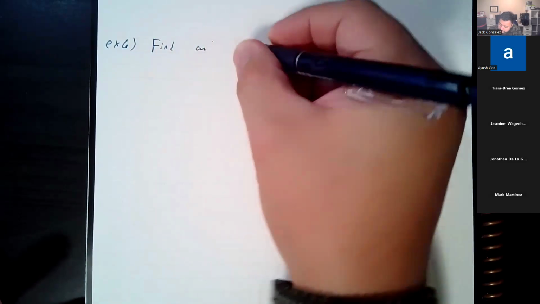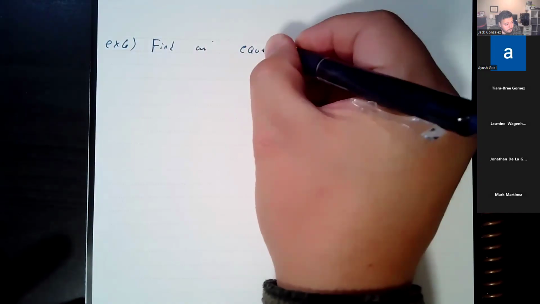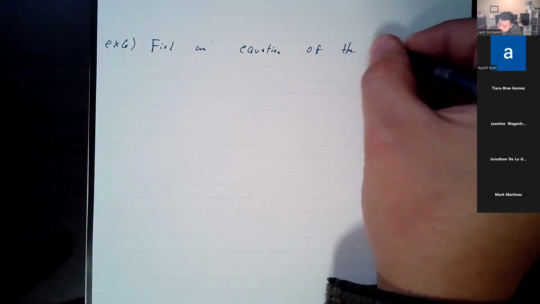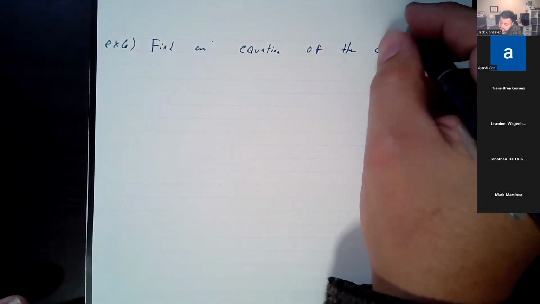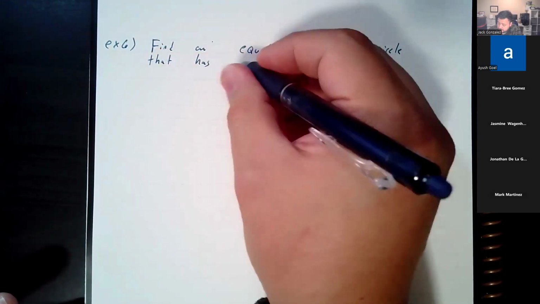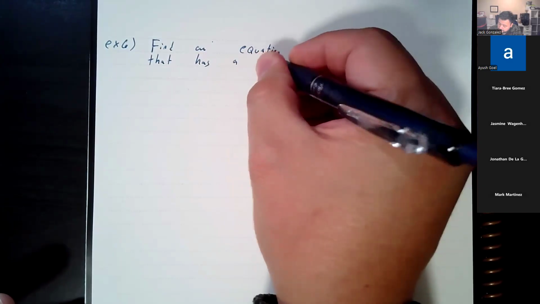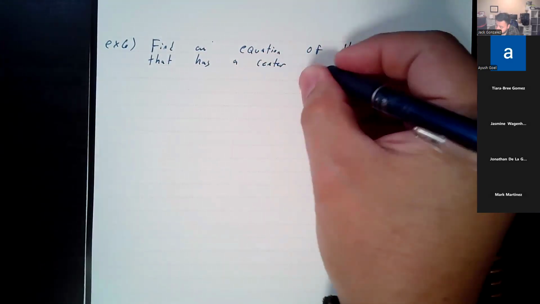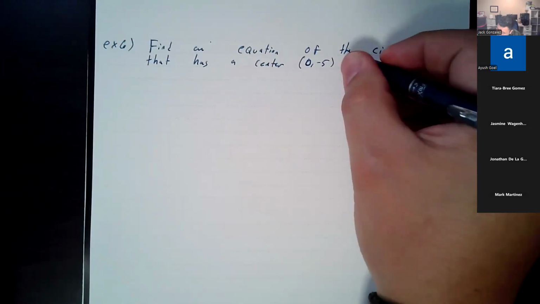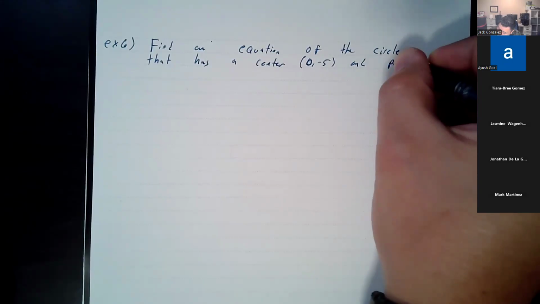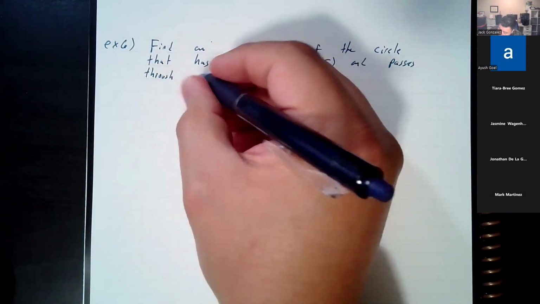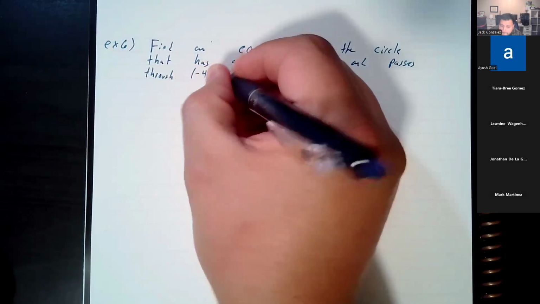So find an equation of the circle that has a center of (0, -5) and passes through (-4, 3).